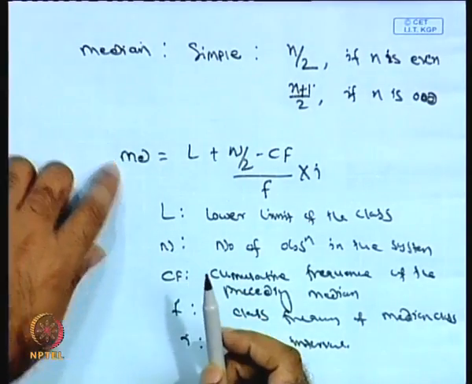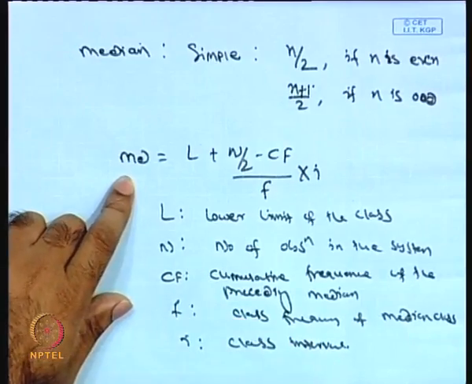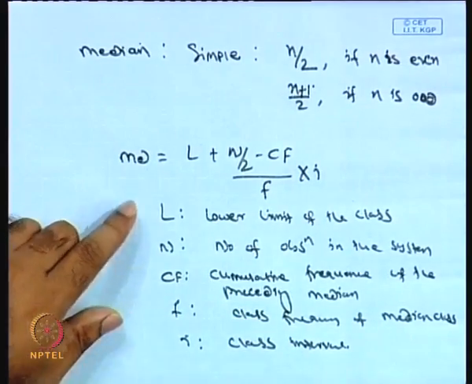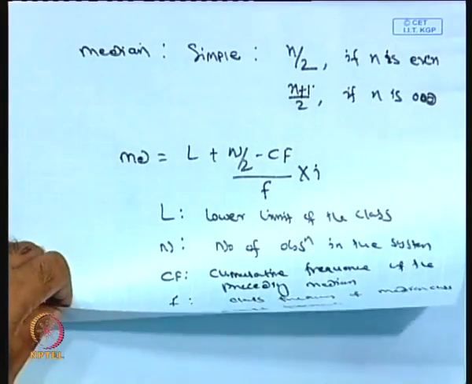But when the structure is a discrete series or continuous series, the calculation procedure is somewhat different. So, the median formula is L plus (n by 2 minus Cf) by f into i. Okay. I will give you detailed examples of how to use this formula when the problem is different, and when to apply it.